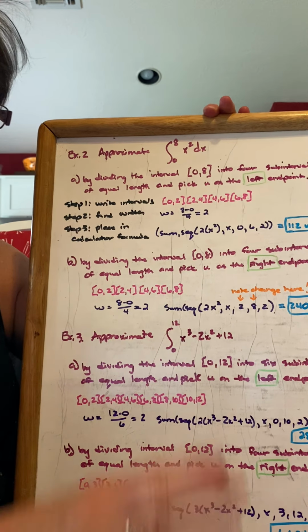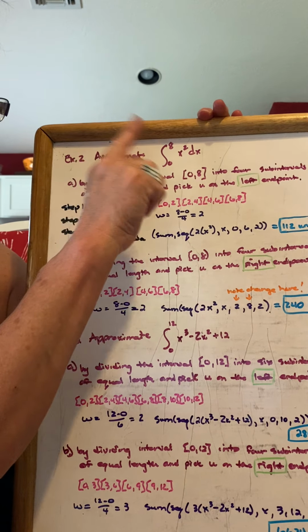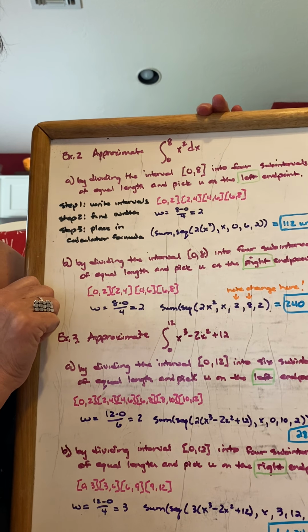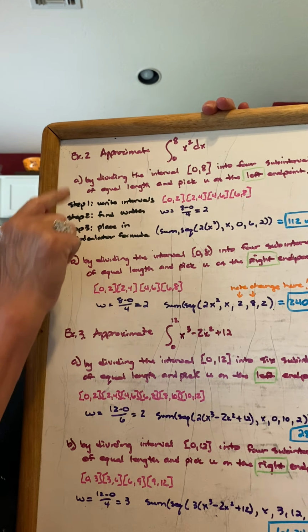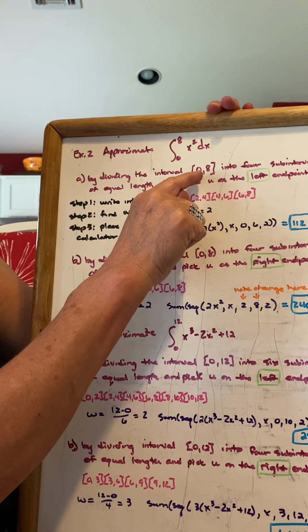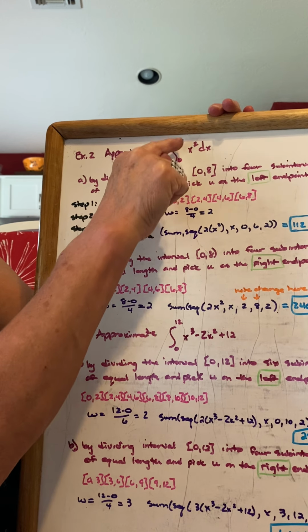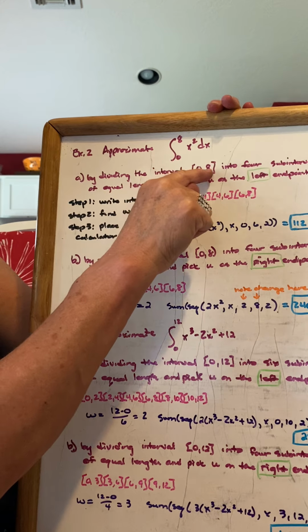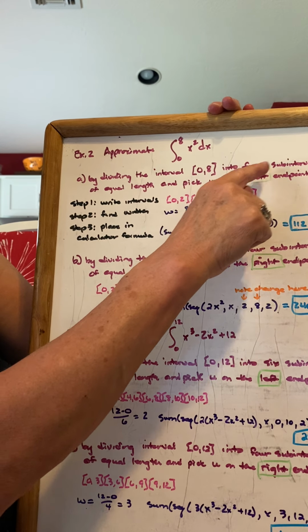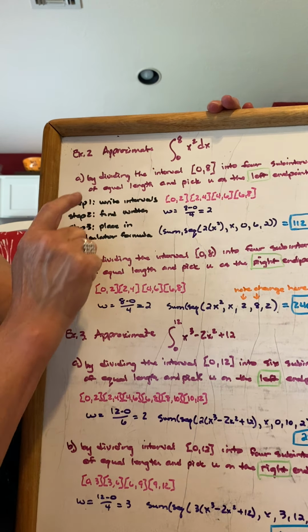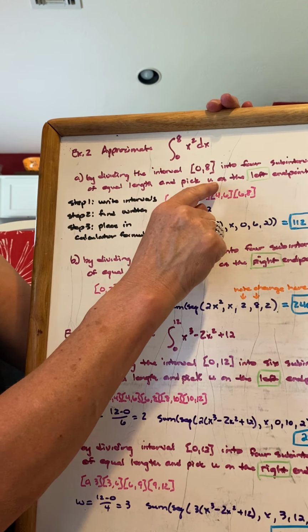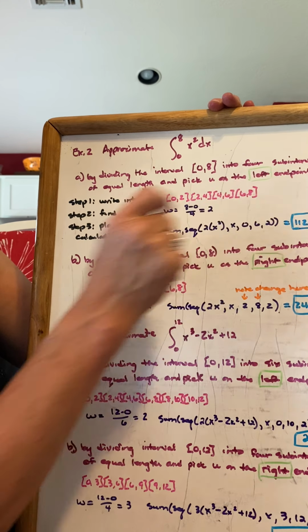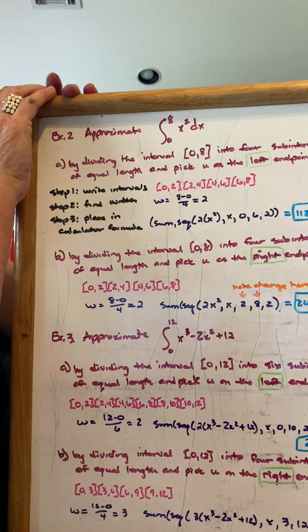Do not do it definite integral method. Do it like this. If I'm asking you to approximate the area, by dividing the intervals 0 to 8, notice that 0 and 8 are what's on the A and B there. Those are considered A and B, into 4 subintervals of equal length, and pick U at the left endpoint. All right, I'll give you a chance to write that down.